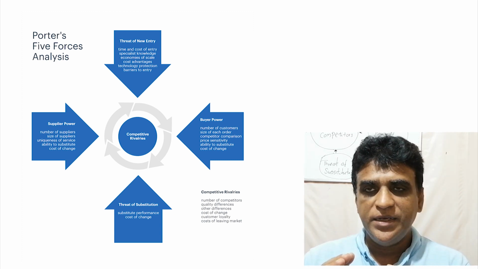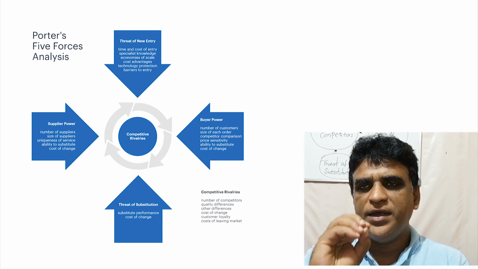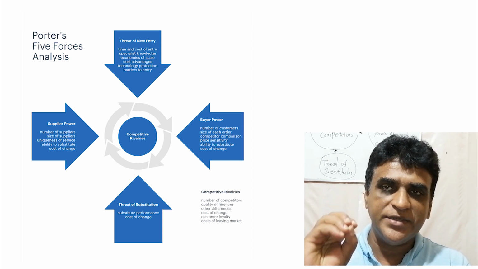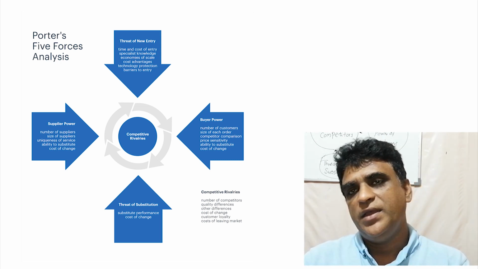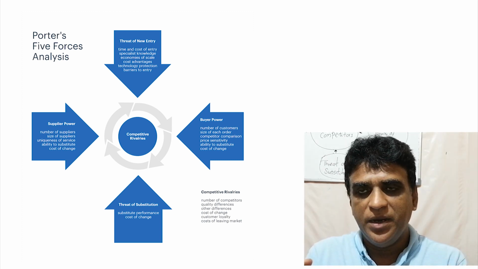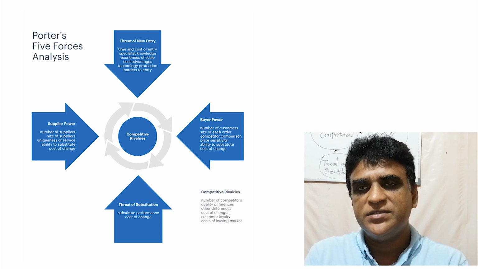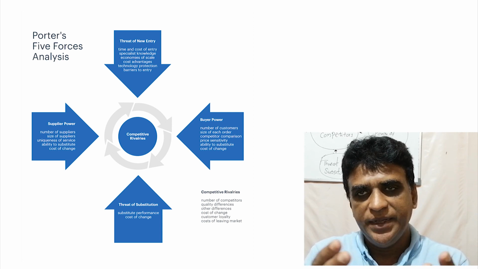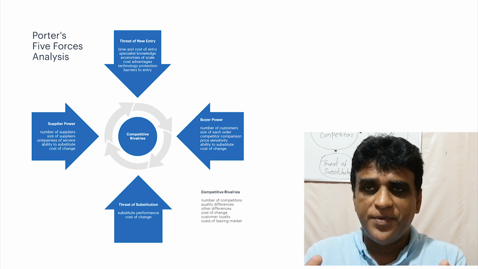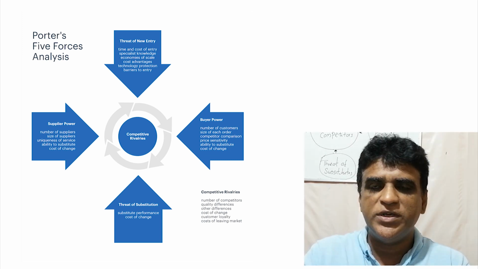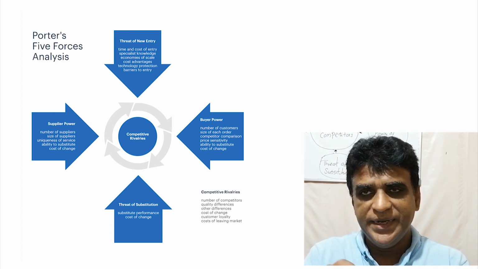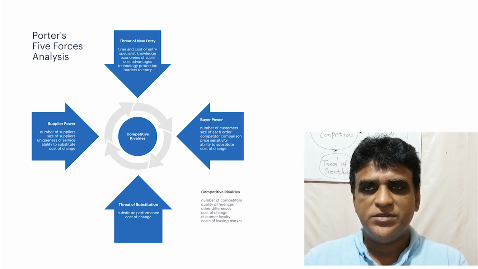Suppliers can bargain if there are no competitors or fewer competitors. As an example, Sri Lanka's Prima: there are very few wheat flour suppliers, so they have bargaining power. If there are more suppliers, customers can easily move to another supplier, so suppliers are not going to have bargaining power. That is another competitive force.